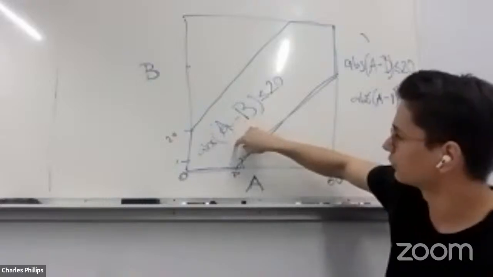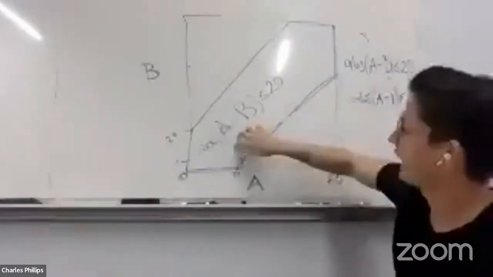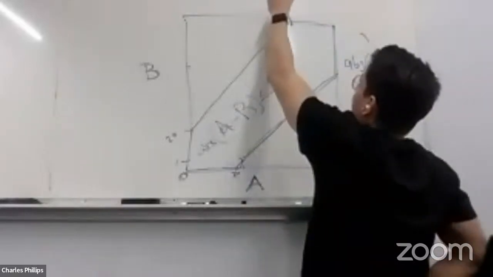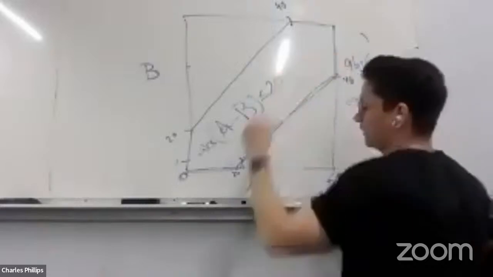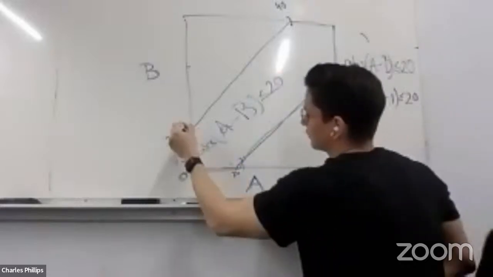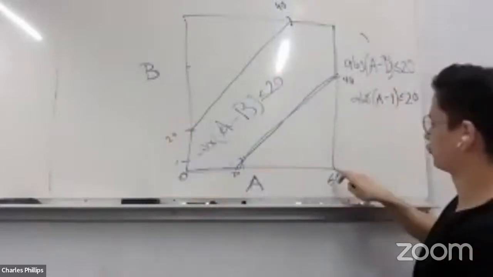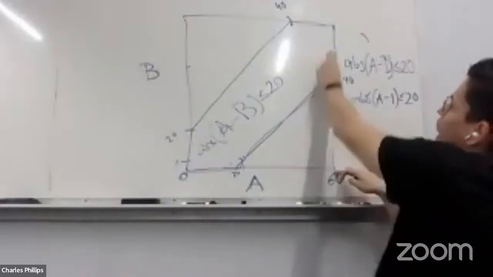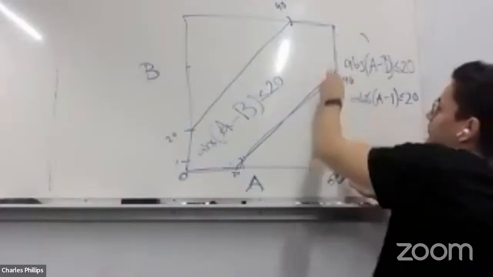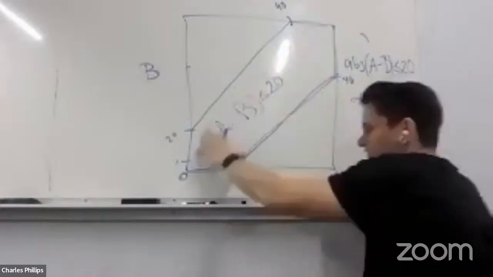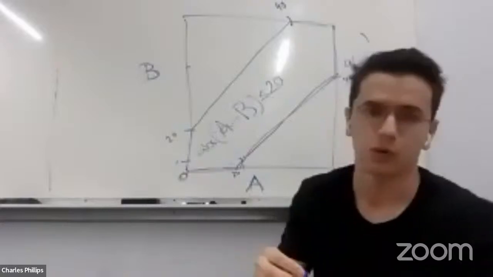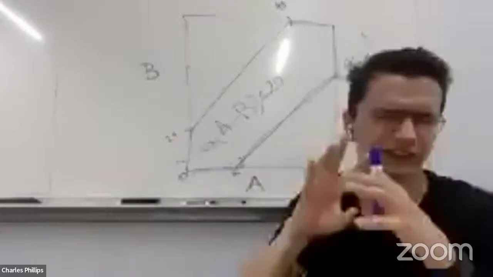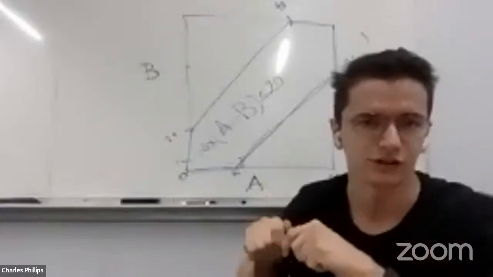Up here is the point 40, and here is 40. This is 20, and this is 20. So if Alice shows up at the 60th minute, Bob only has 20 minutes to meet that time. That's represented here. So this region represents the subspace of the sample space that satisfies this inequality. Are there any questions about that?